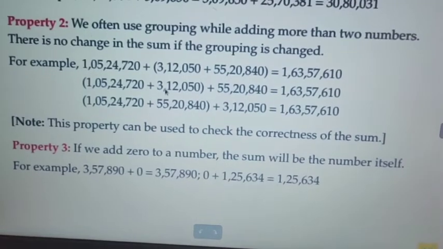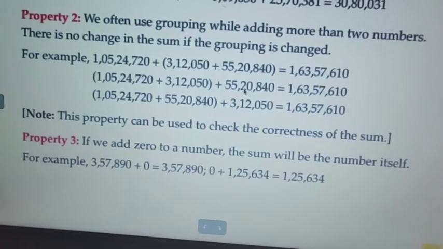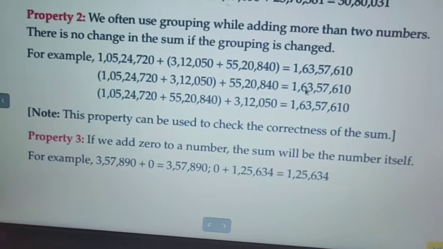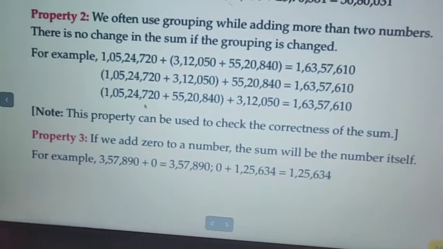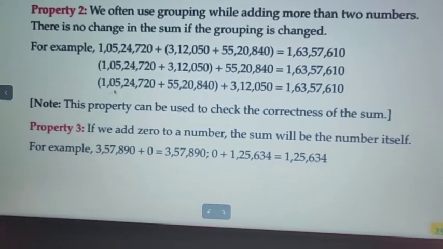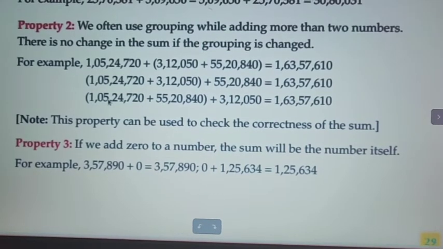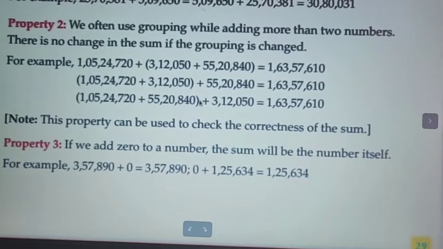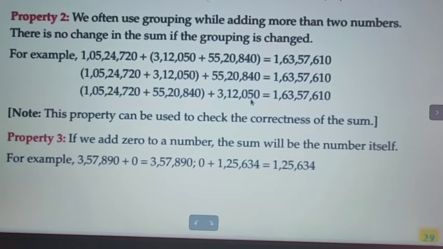The same numbers, see below. The 1 crore number and the 3 lakh number are regrouped, and 55,20,840 is kept outside. Then also the answer is the same, 1,63,57,610. Next, the third example: again two numbers are regrouped but we took a different pair. 1,05,24,720 and 55,20,840 are regrouped and the 3,12,050 number is kept outside.